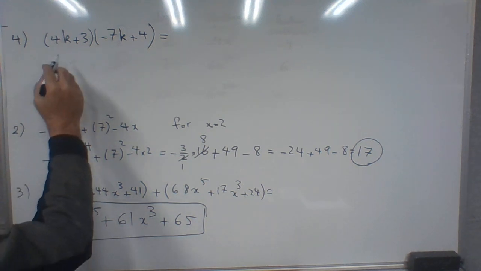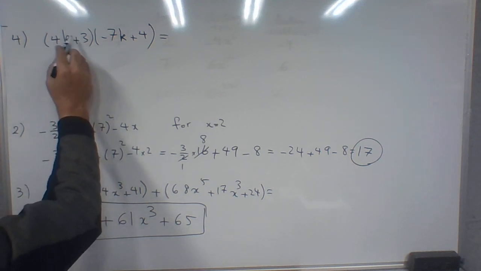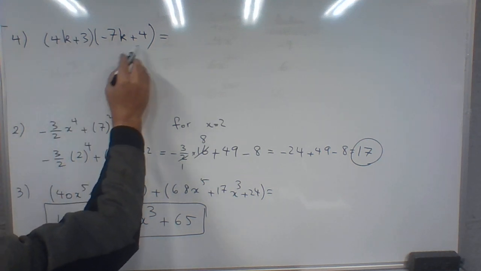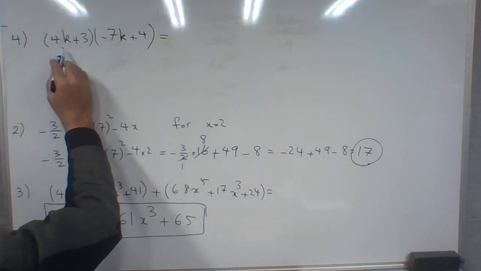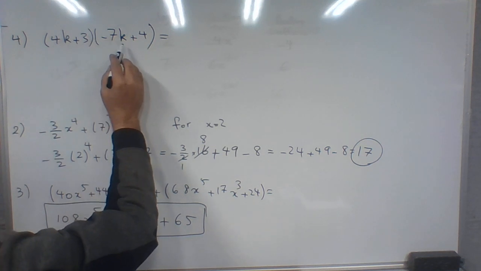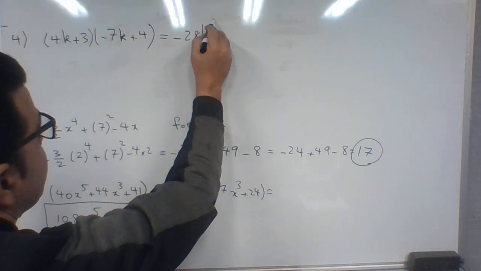In order to multiply, you need to multiply all terms in the first parenthesis by all terms in the second parenthesis. So start with 4k. 4k times negative 7k is negative 28k squared.